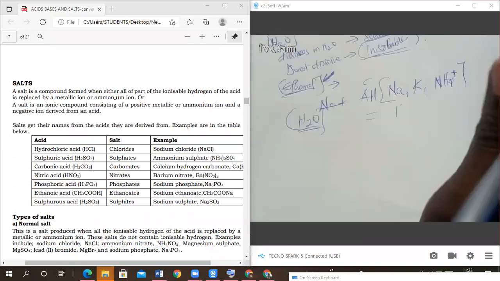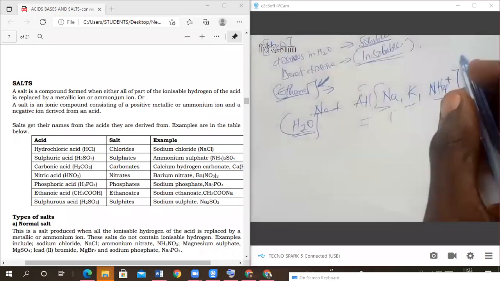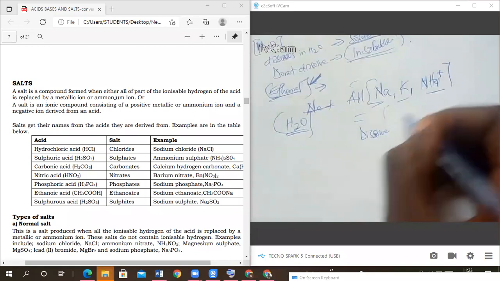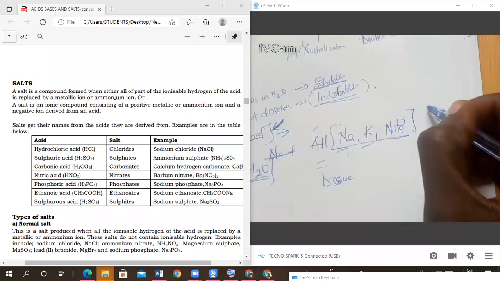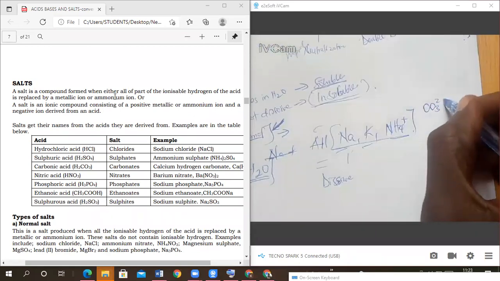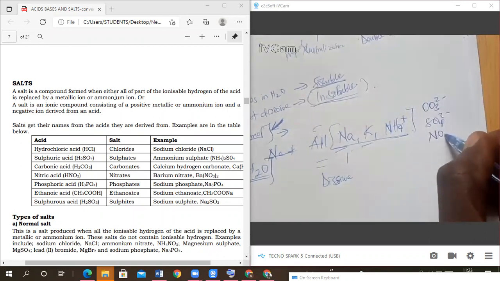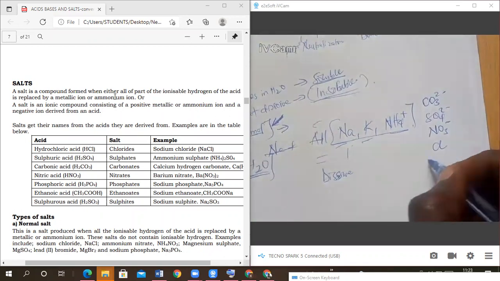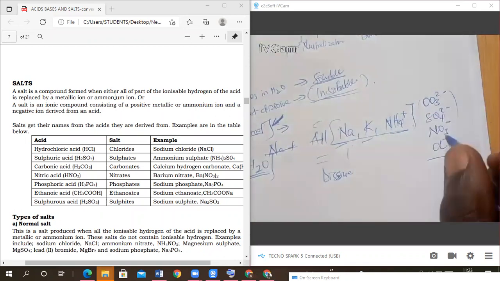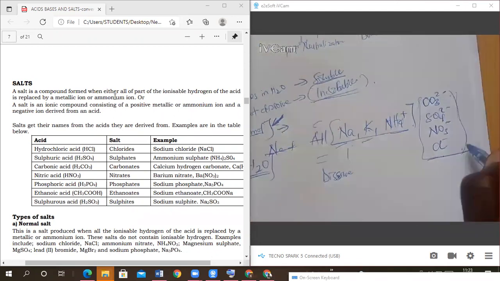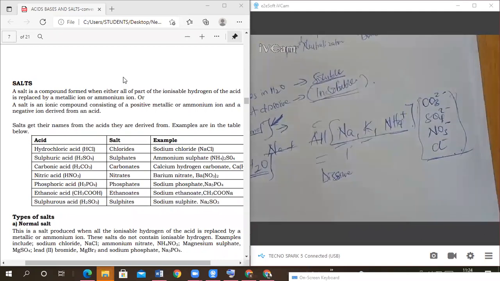All salts of these, sodium, potassium, and ammonium, all of them dissolve in water. What they mean by salts is they can be their carbonates, their sulfates, their nitrates, or their chlorides. So sodium carbonate, potassium sulfate, ammonium chloride, all these salts are considered soluble in water. So whichever you get, it dissolves in water. Someone had a question?